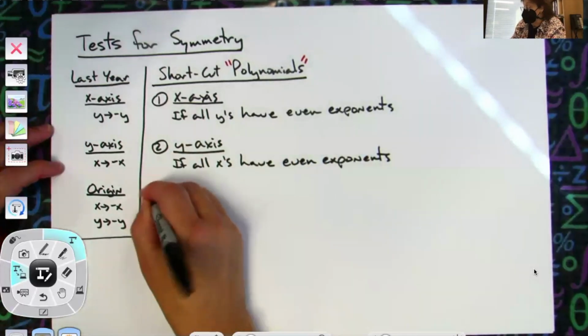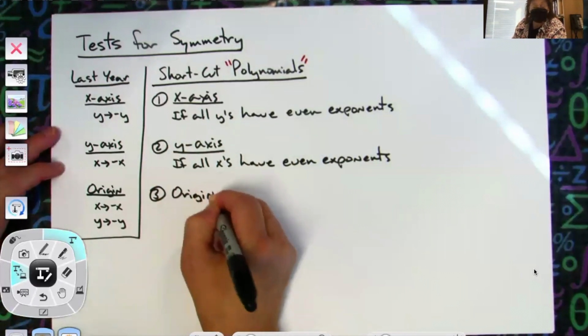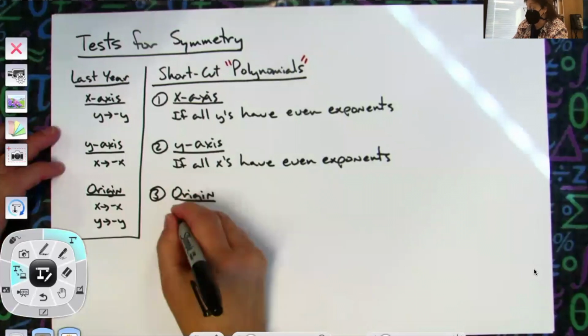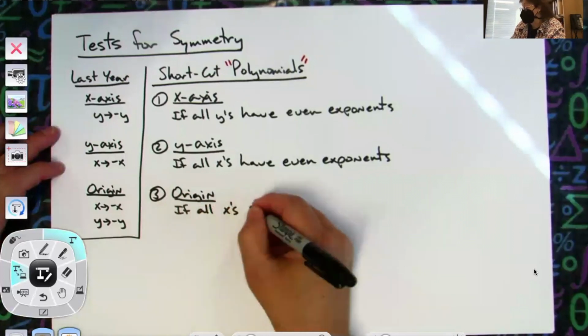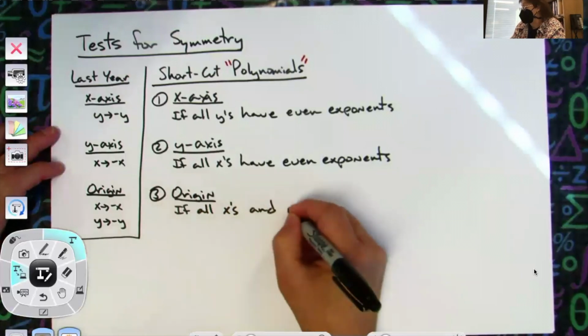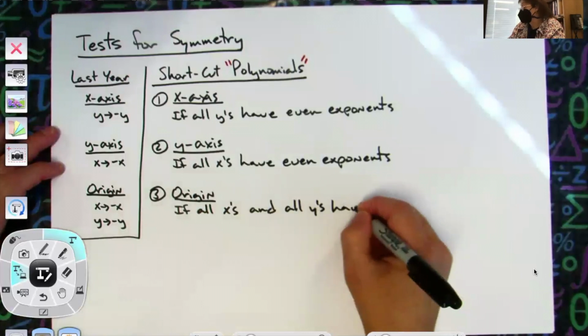And then we want to check for symmetry around the origin. So for a shortcut here, if all x's and all y's have either all even exponents or all odd exponents.